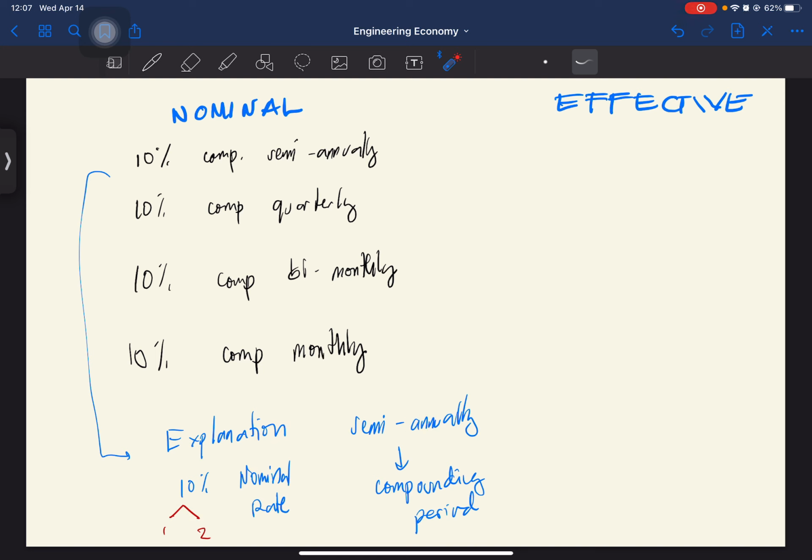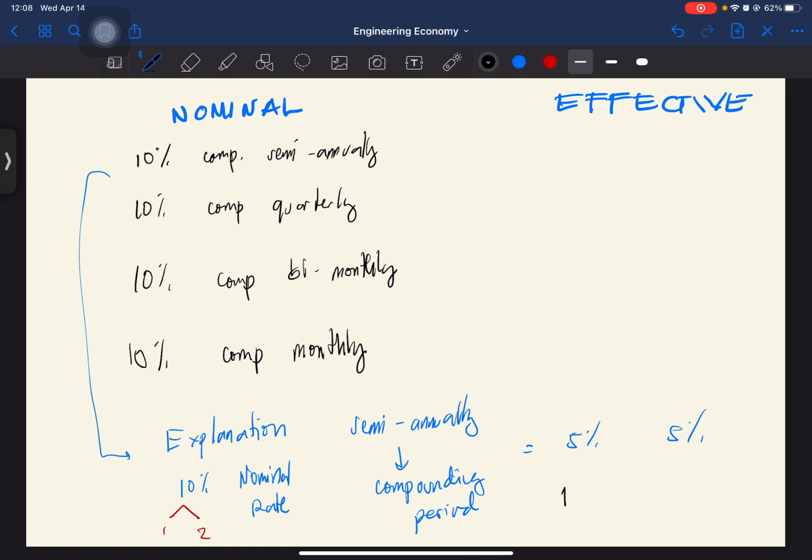So, anong ibig sabihin nun? So, ibig sabihin, when you, let's say, invested for 10% semi-annually, 5% will be compounded on the middle of the year, and the other 5% will be compounded at the end of the year. So, ibig sabihin, ilang compounding periods ang nadaanan mo sa isang taon? So, 2. So, anong mangyayari?